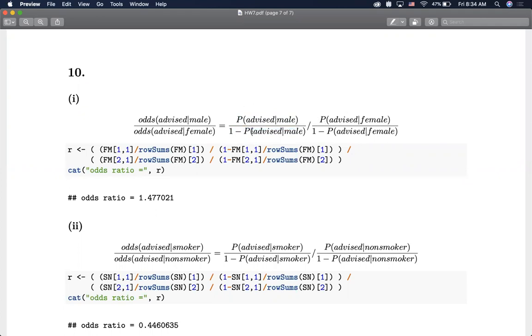This one will be the 1-1 entry, so the male and advice, and then you need to divide it by the probability of male. So a joint probability over a marginal probability gives you the conditional probability. 1 minus that is the denominator, same thing for the female. Then take the ratio, the division, and that will give you the odds ratio.